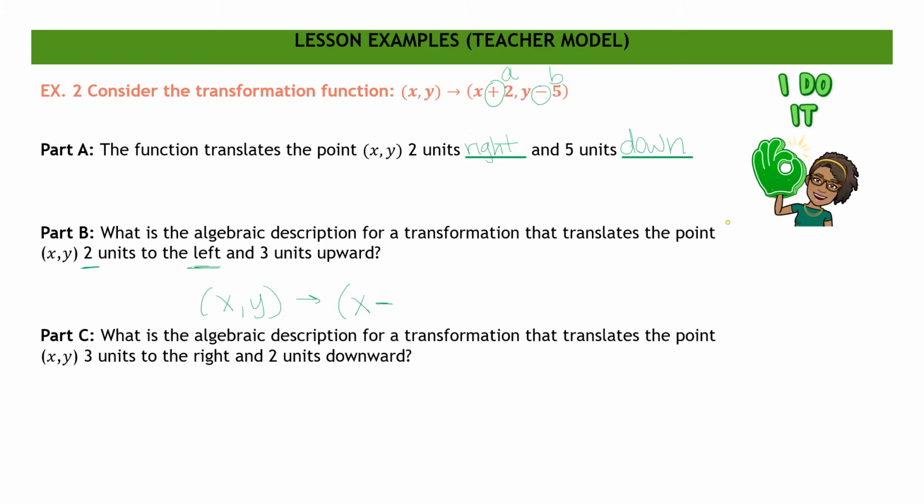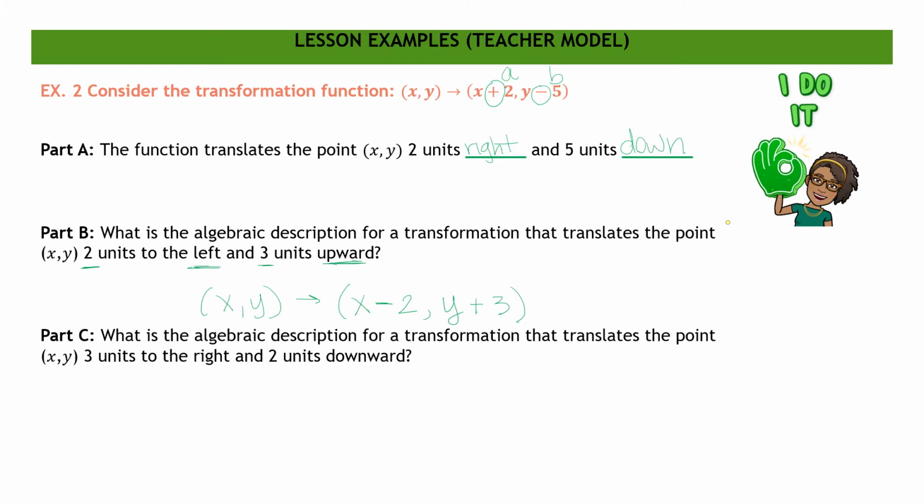So I'm going to the left, and that's going to be -2. And then 3 units upward tells me I'm going vertically on my y-axis, and if I'm going up, I'm doing a +3. So that would be my function rule for that translation, moving 2 units to the left and 3 units up.